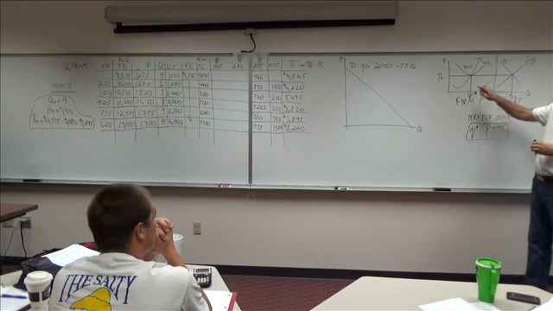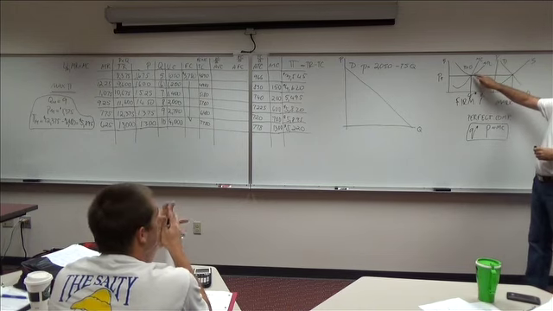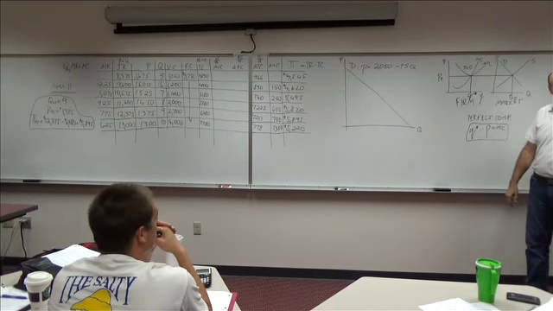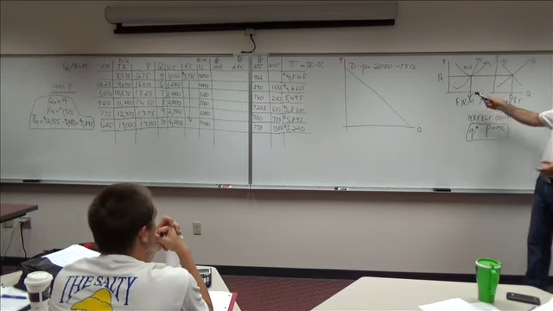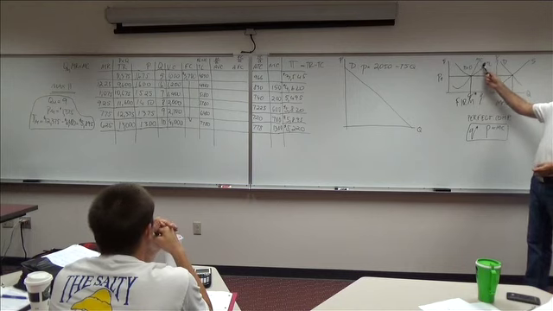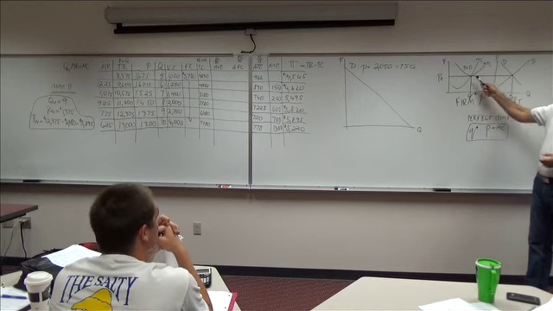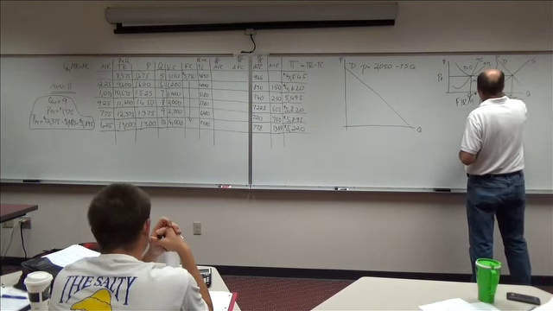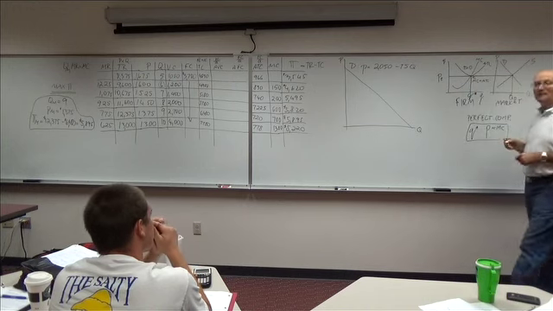In other words, marginal cost and average total cost are equal to each other at the lowest point of average total cost. Very good. So ATC equals MC at that point.